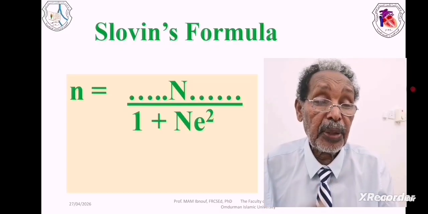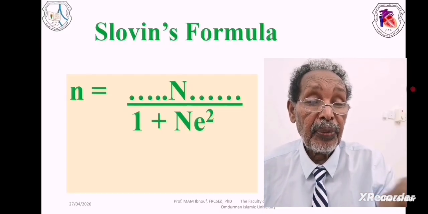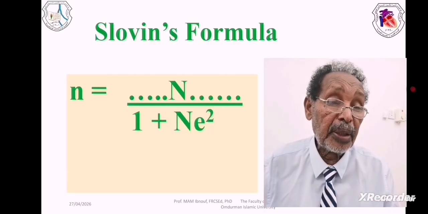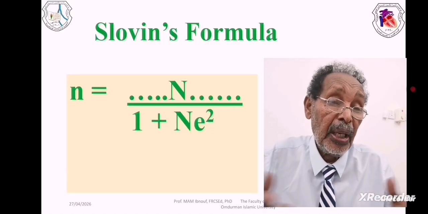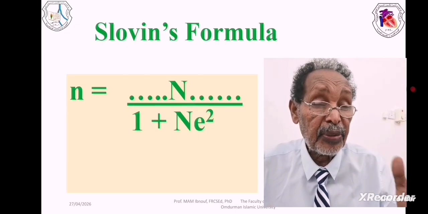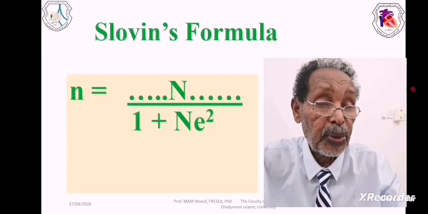And you use that total population and you divide it by 1 plus the same total population multiplied by the margin of error, and you can choose the margin of error you want. 0.05, it is 5%, 4%, 3%, or 2%, whatever you like, square.